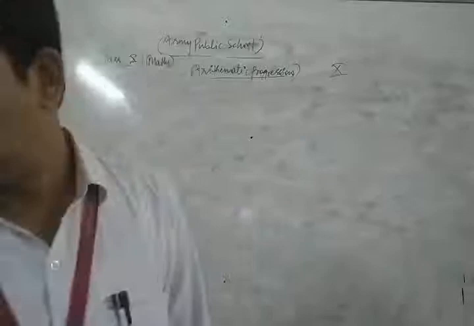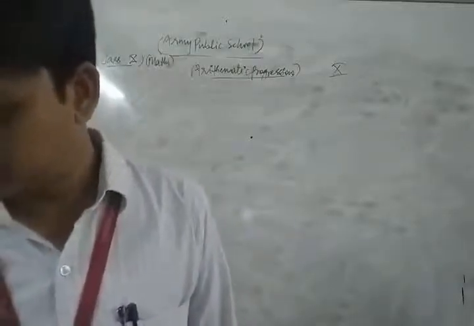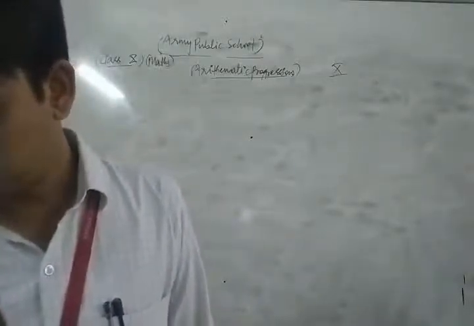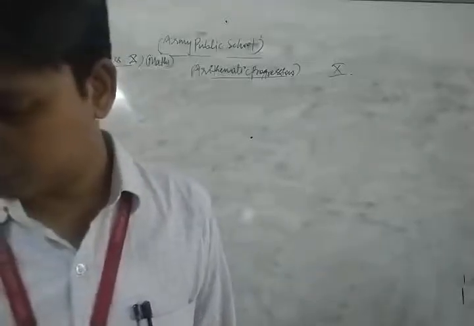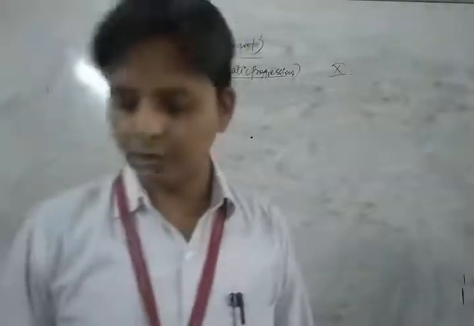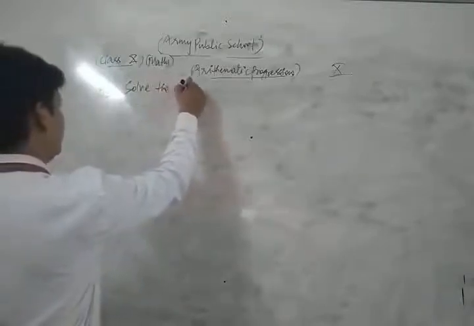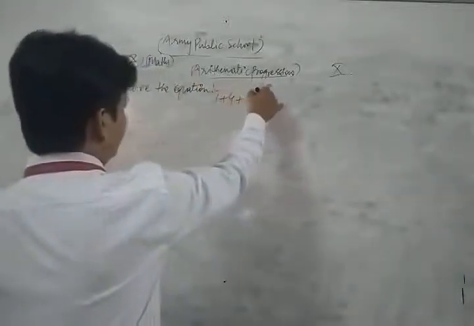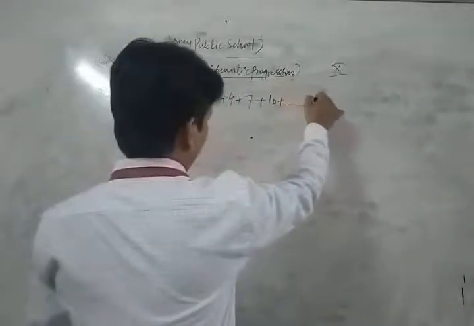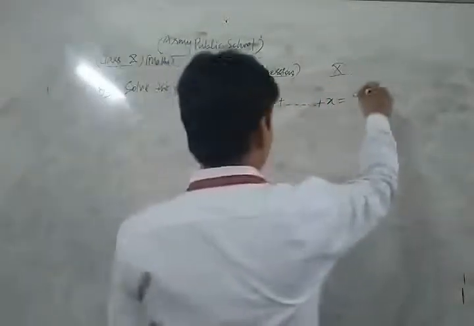Now let's see, your question is: solve the equation 1 plus 4 plus 7 plus 10 plus and so on plus x is equal to 287.